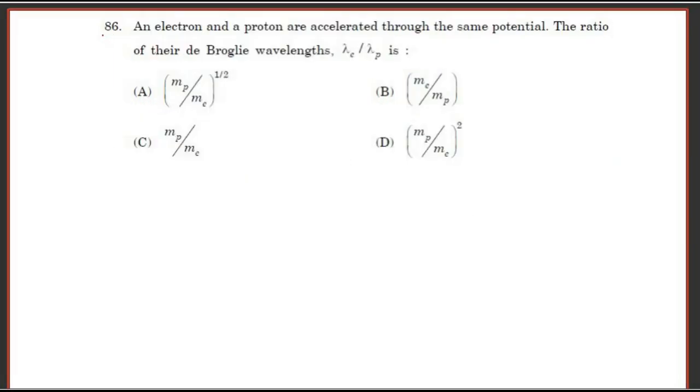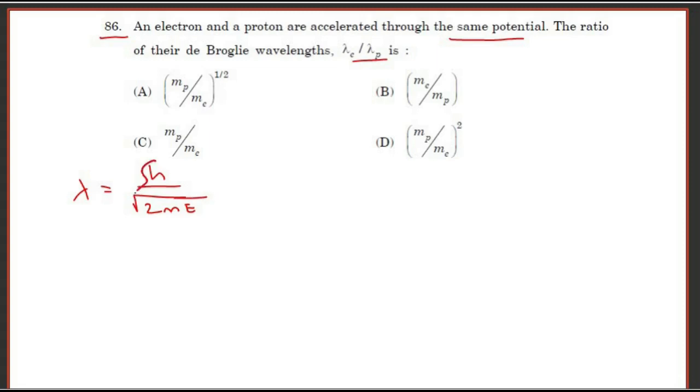A similar question, question number 86. An electron and a proton are accelerated through the same potential. The ratio of de Broglie wavelength lambda e divided by lambda p is. For it, let us take the de Broglie wavelength lambda equal to h by root of 2meV.